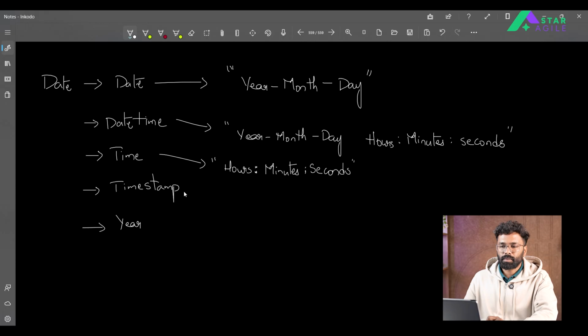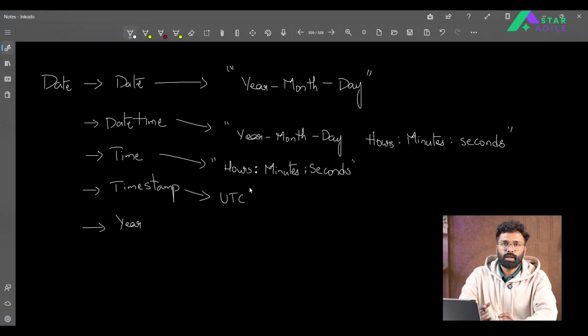Next, timestamp. What is meant by this timestamp? When you have a data type as time, I can insert the time. But what does timestamp mean here? This is the data type used to insert data in UTC format. UTC means Universal Time Coordinated.